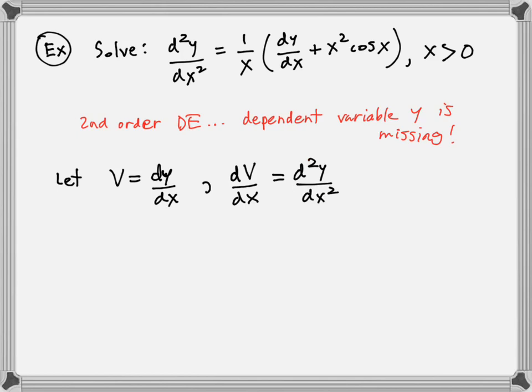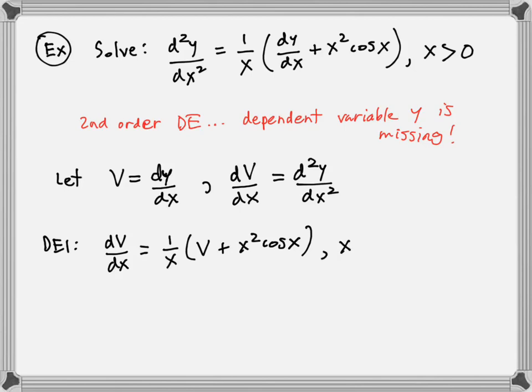And so we end up with differential equation 1 is going to be dv dx is equal to 1 over x times v plus x squared cosine x, such that x is greater than 0. Okay? So, how do we solve this differential equation?